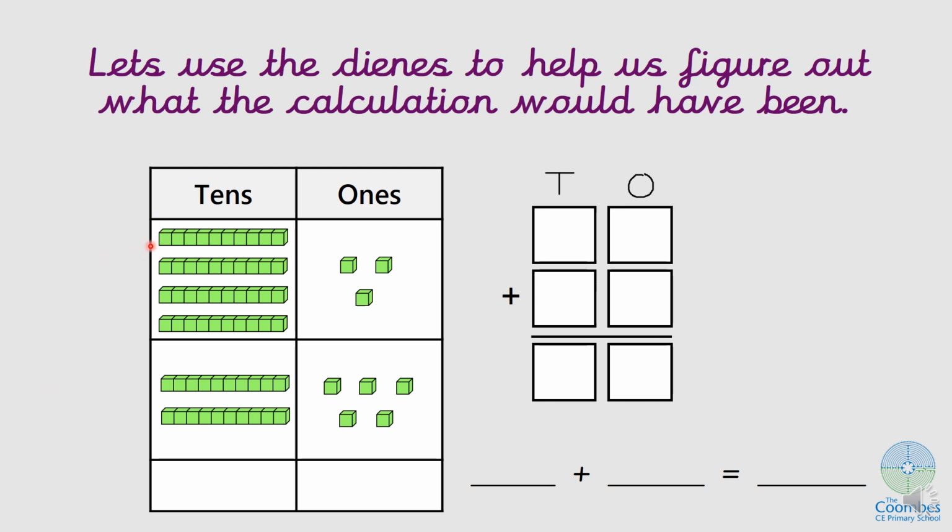We've got 10, 20, 30, 40. So we've got 40 in our tens, so 4 tens. Let's have a look at our ones. 1, 2, 3. 3 ones.